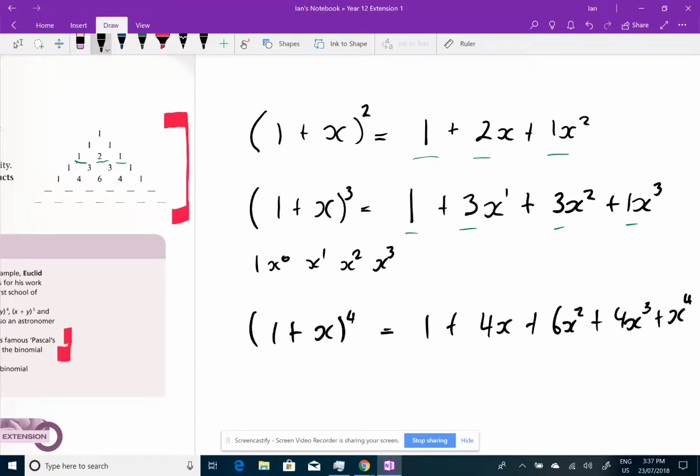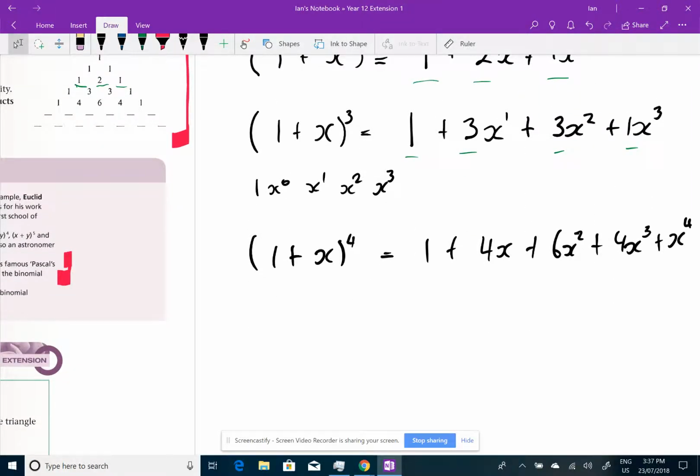But the very neat thing is that these things now correlate with our combinations. So this is 3C0. This can be got by getting 3C1. This can be got by getting 3C2. And this can be gained by going 3C3.